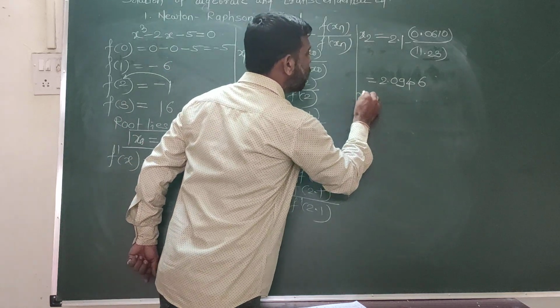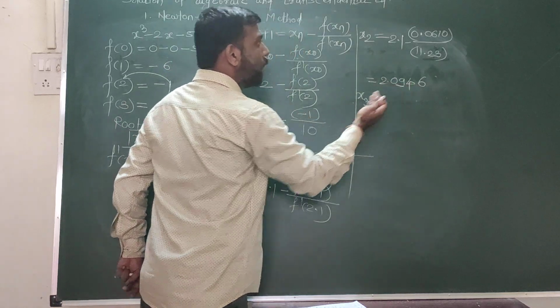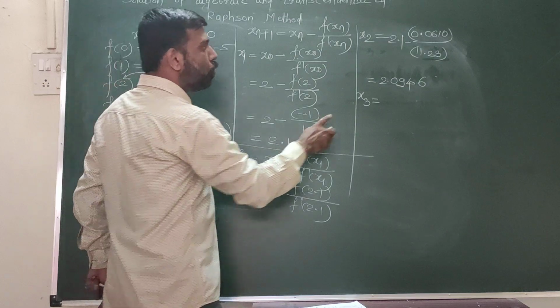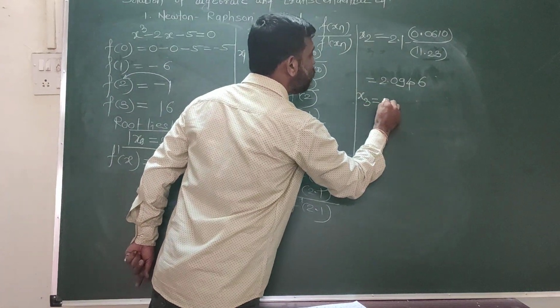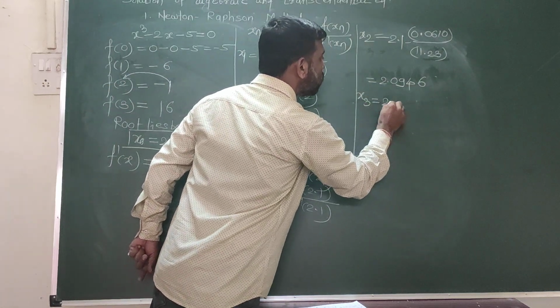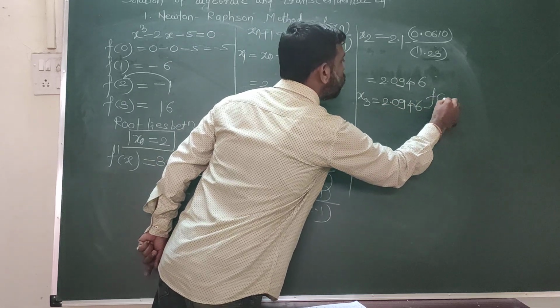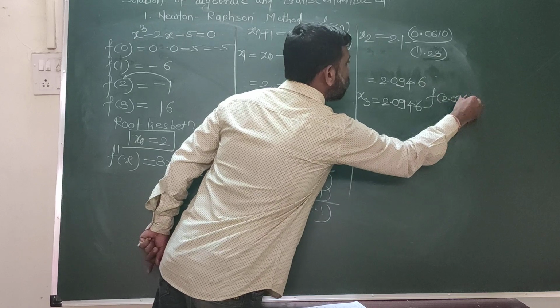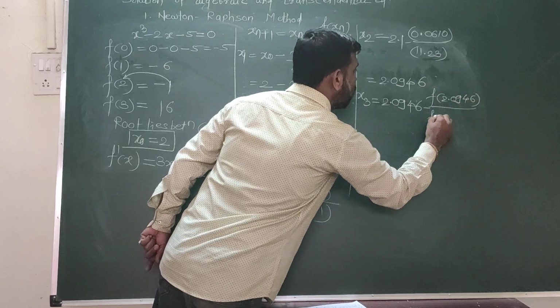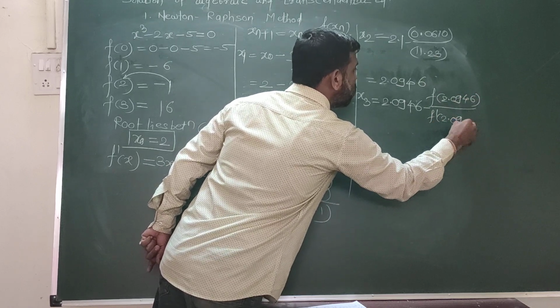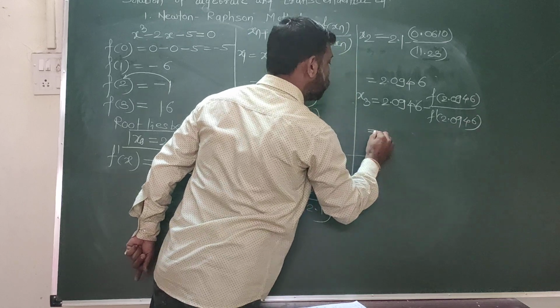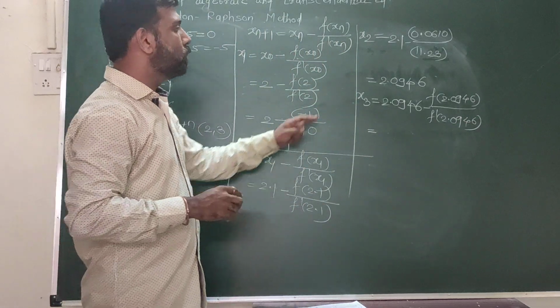Similarly x3. Directly now I am putting values: x_n becomes x2 minus f of x2 upon f dash of x2, which is equal to x3.